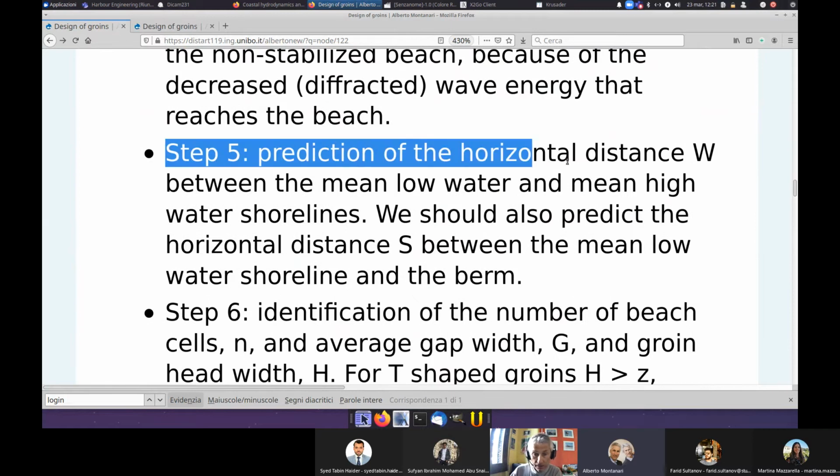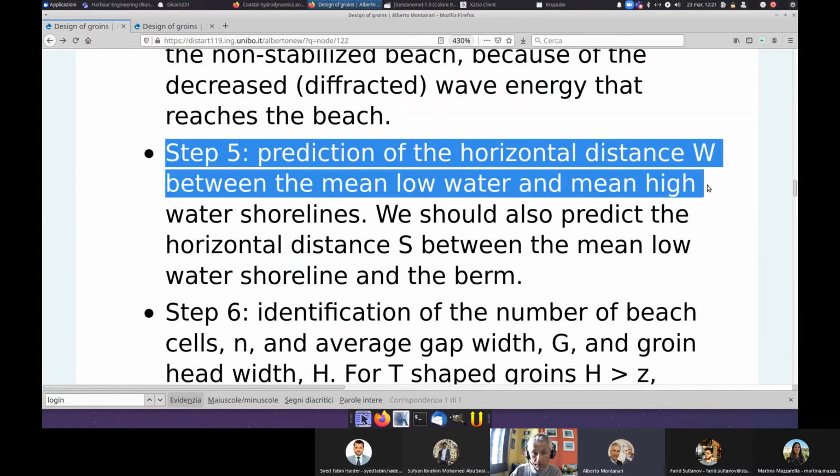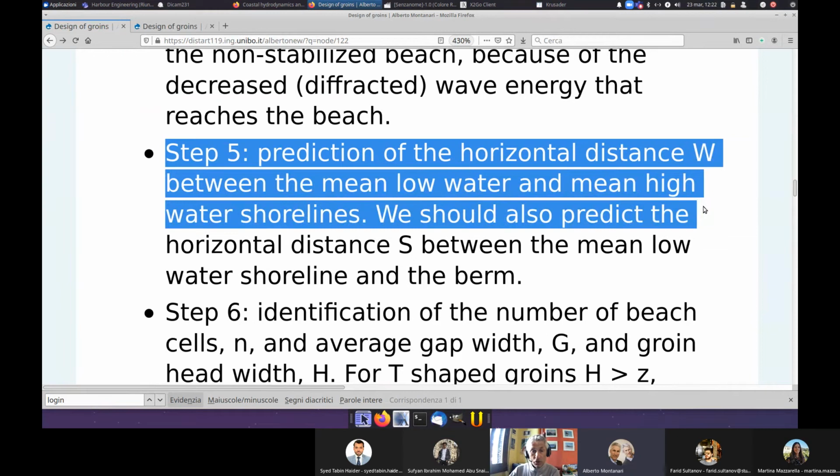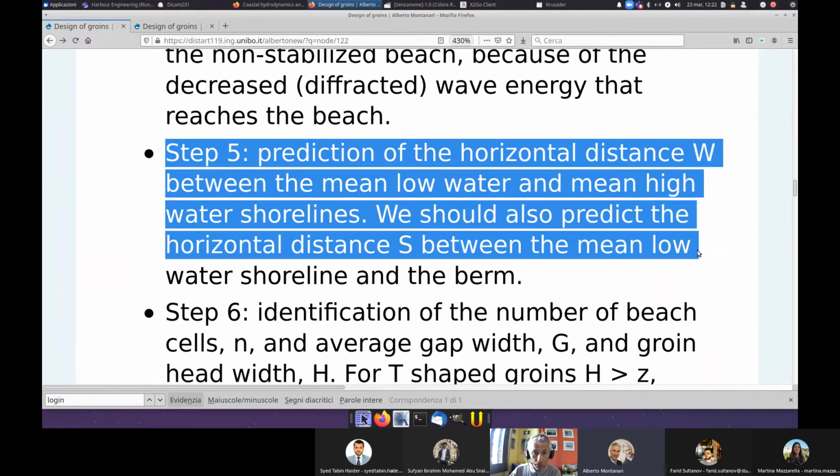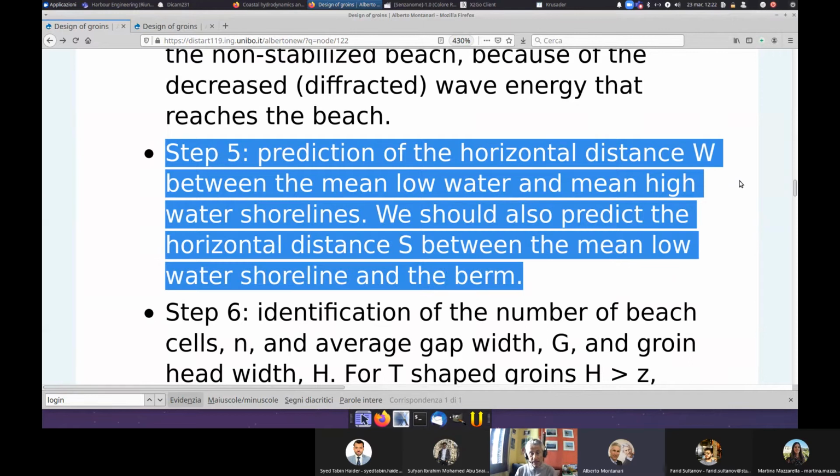Okay, step 5. Prediction precisely of the horizontal distance W between the mean low water shoreline and mean high water shoreline. And we should also predict the horizontal distance S between the mean low water shoreline and the berm. Basically it's a distance determined by, again, looking at adjacent beaches.